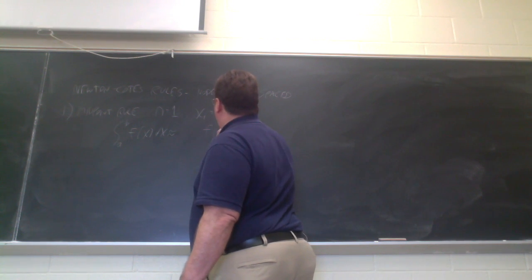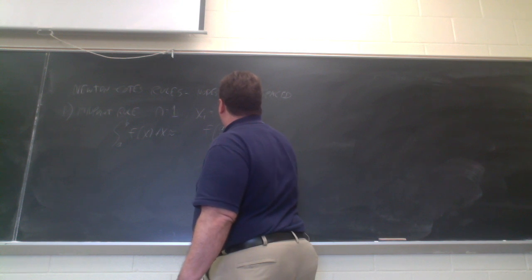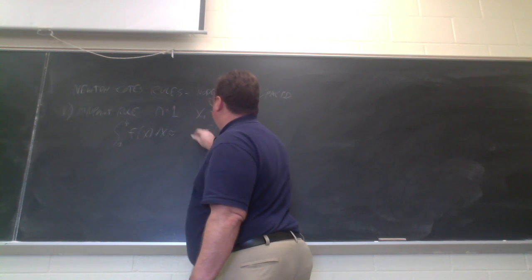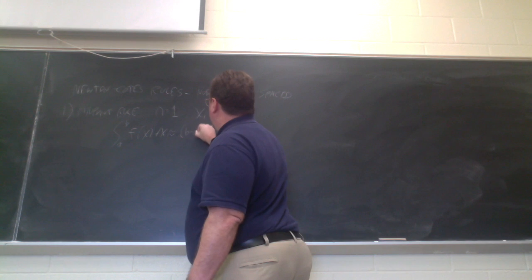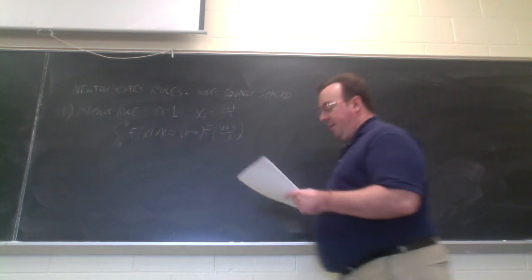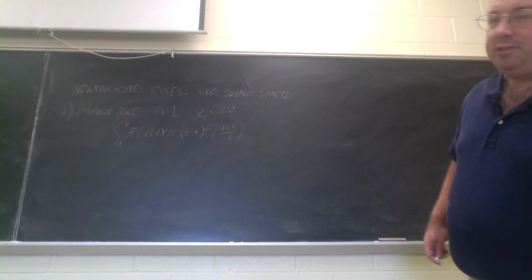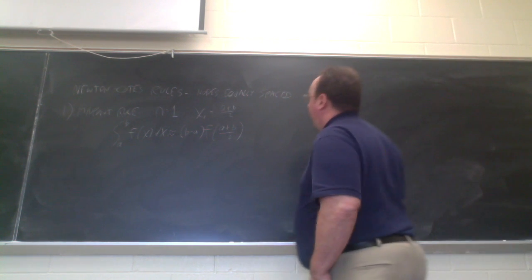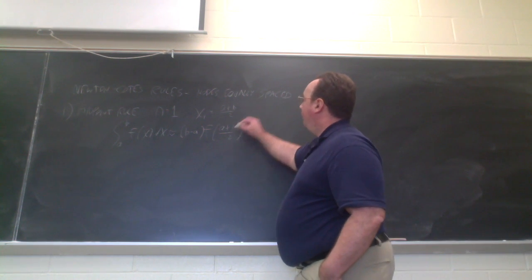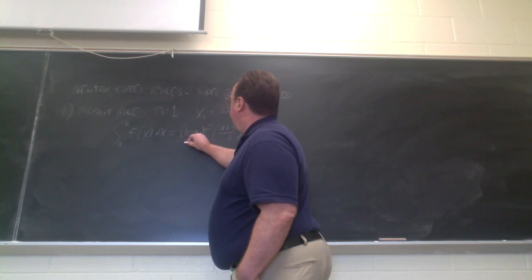We evaluate the integrand at that one midpoint, and then we multiply by the width of the interval, b minus a. Okay, that's all there is to it. So this is the weight, W1.